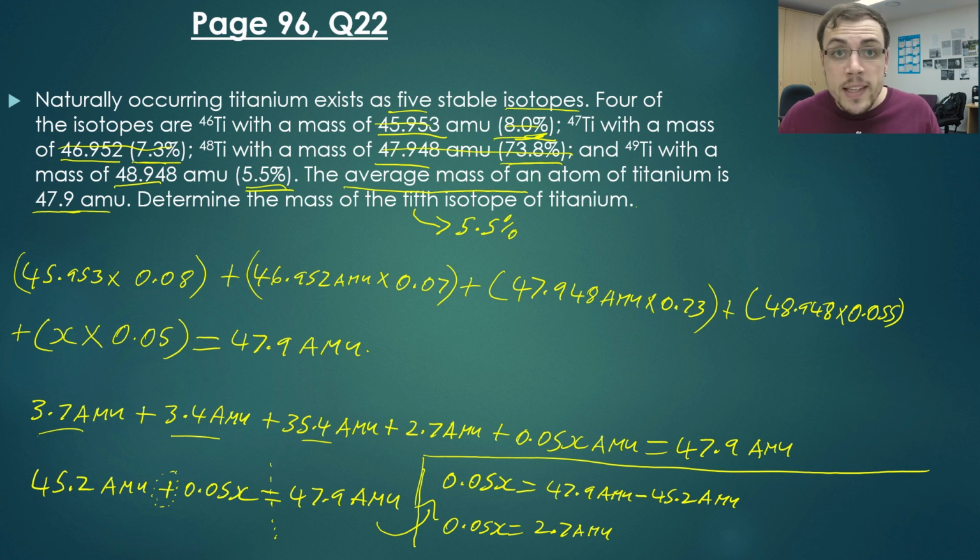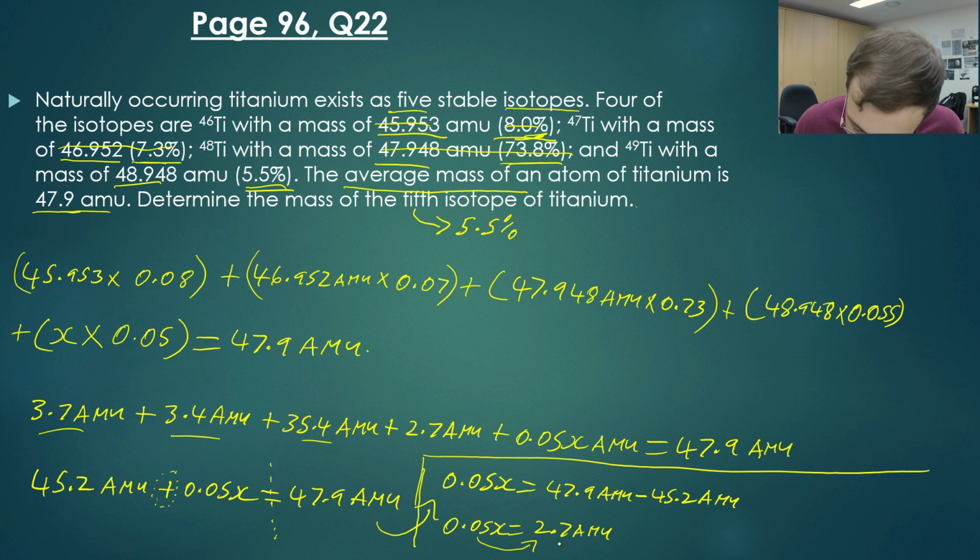Now, we apply the same step here to isolate x from our 0.05. Again, we look at the mathematical operation between 0.05 and x. Between 0.05 and x is a multiplication. As we move this over here, it will turn into a divide.